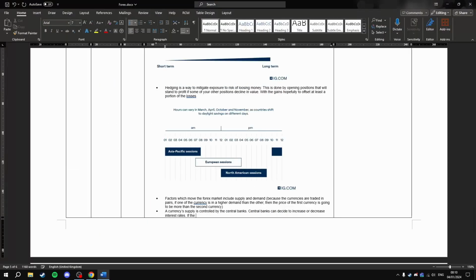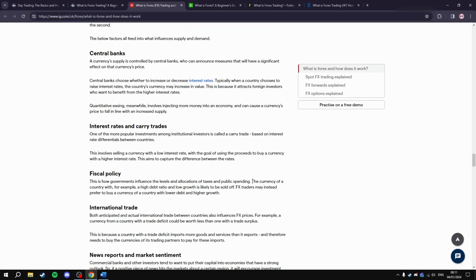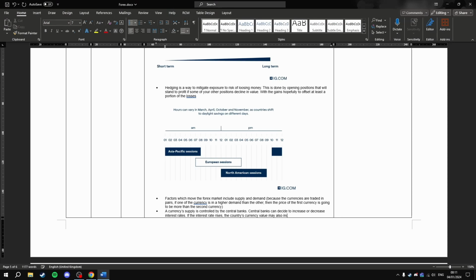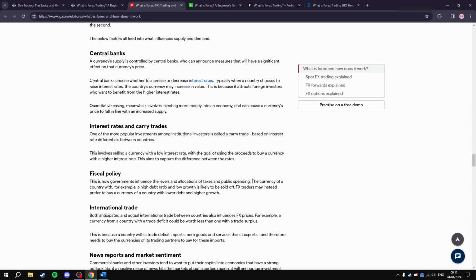So if the interest rate rises, the country's currency value may also increase. This is because it attracts foreign investors who want to benefit from higher interest rates.